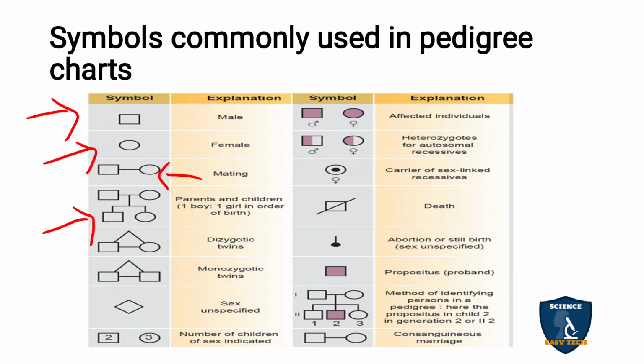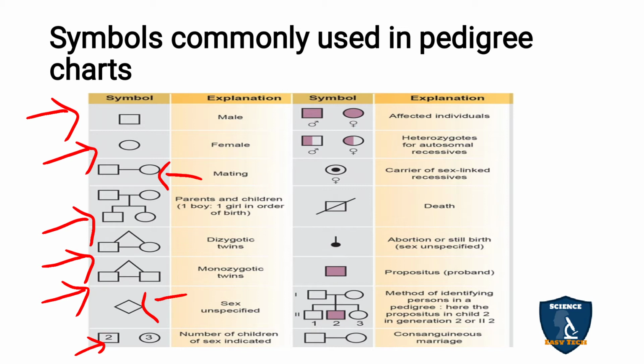This symbol shows dizygotic twins, and this one is monozygotic twins. This is unexpected sex, and the last one is the number of individuals produced by the parents in their lifespan.